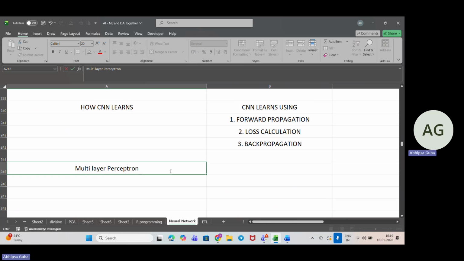A multi-layer perceptron is a computer brain made of many small decision makers working together at the same time.